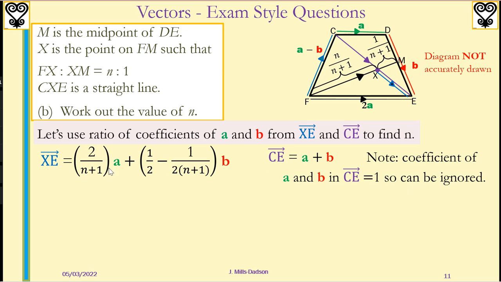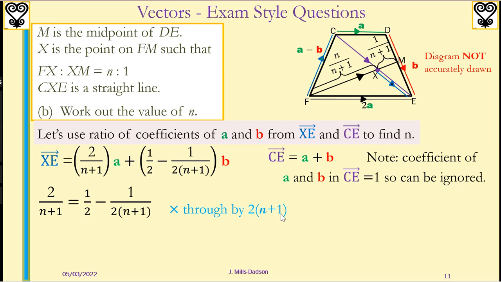So which means that I'm going to equate the coefficient of A to the coefficient of B. That means that I have 2 over n plus 1, all equals half minus 1 over 2 into bracket n plus 1. Now you need to know how to solve this properly.